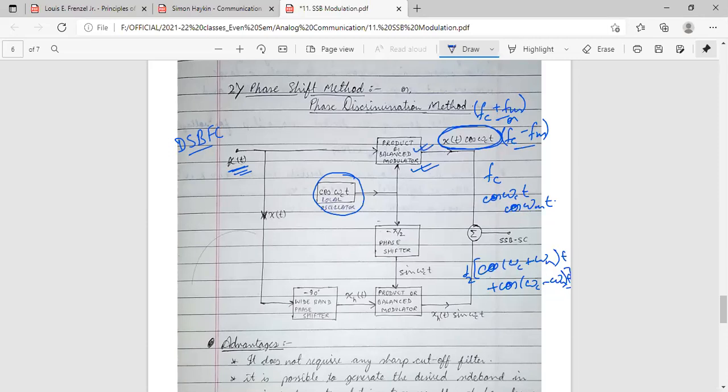I am going to share the whiteboard. Today we have to see the balanced modulator, and this balanced modulator is used for what purpose?